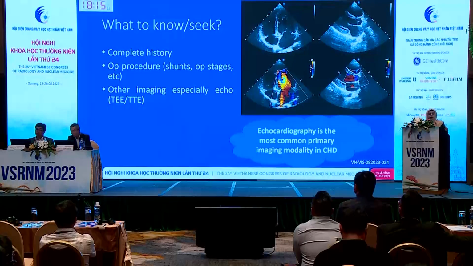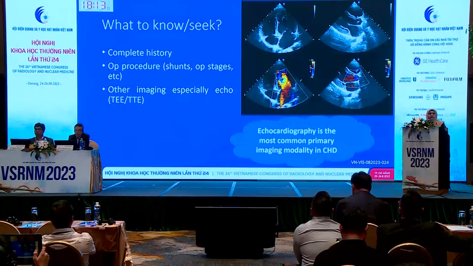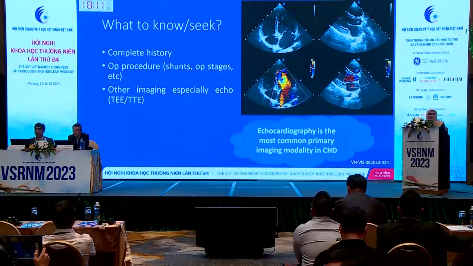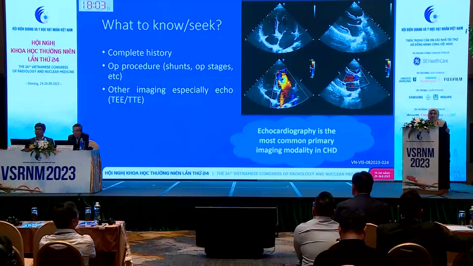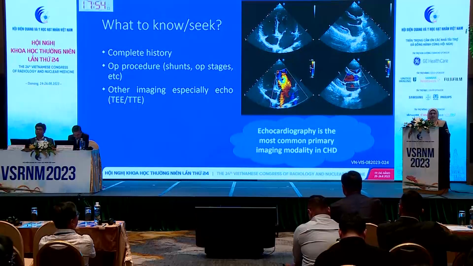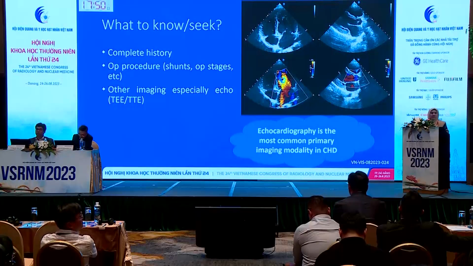Whenever you have a request related to pediatric cardiac CT, what exactly should you have beforehand as a radiologist vetting the request? My advice is you should be well versed in the history related to the patient, any prior operative procedures, for example any shunts, certain palliative operative stages, and other imaging.